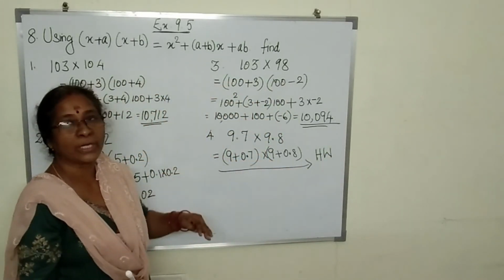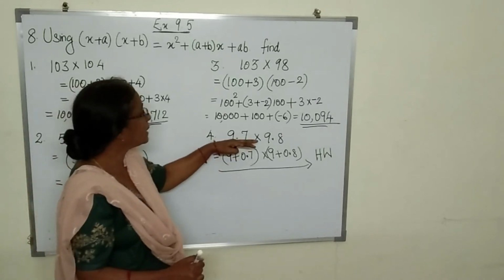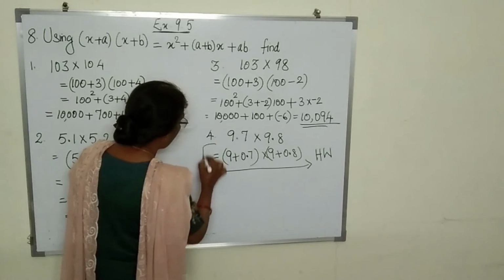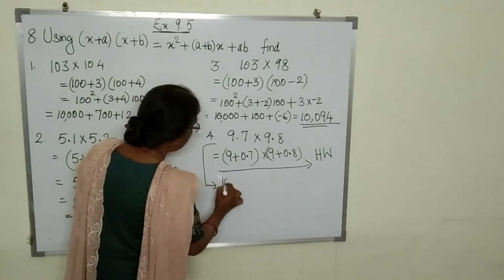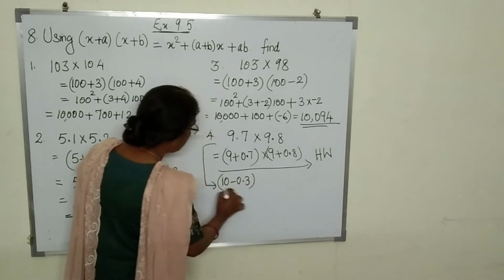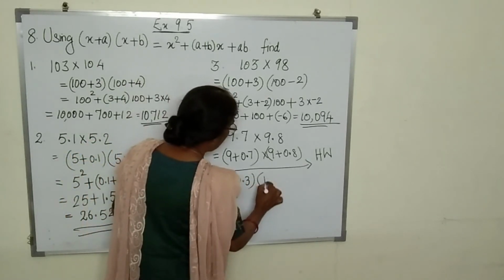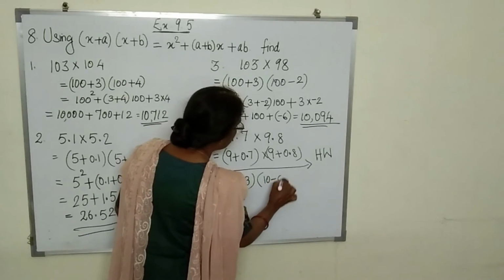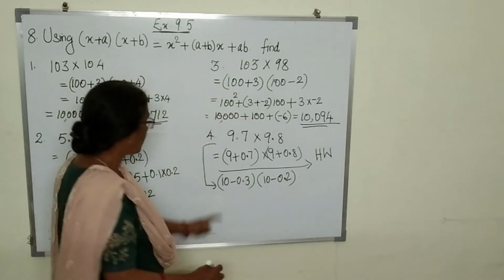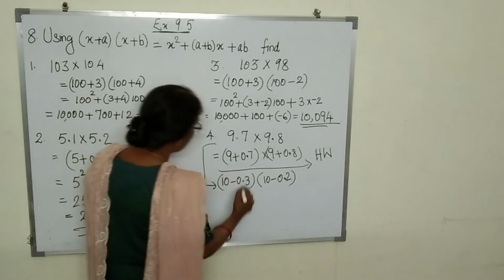Okay, I am going to explain it using subtraction method. That is, this is equal to (10 - 0.3) into (10 - 0.2). Okay. So what is x here?